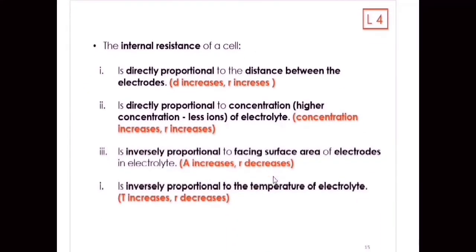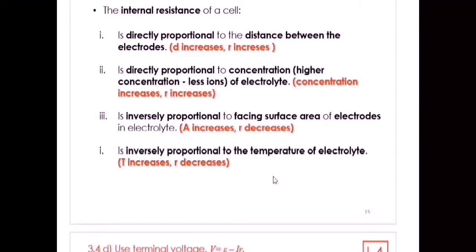So there are four effects of internal resistance. The first one, internal resistance is directly proportional to the distance between the electrodes. So if the distance between the electrodes increases, the internal resistance will increase. The internal resistance is also directly proportional to the concentration.